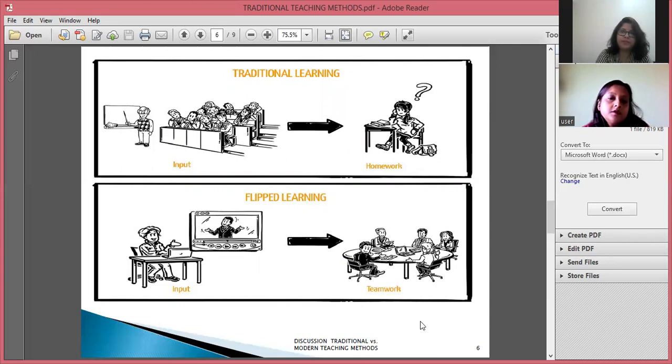Another picture we saw shows that in flipped learning, the teacher delivers some concept at home through some media, and after this, the concept is discussed with each other, students in teamwork in the classroom.